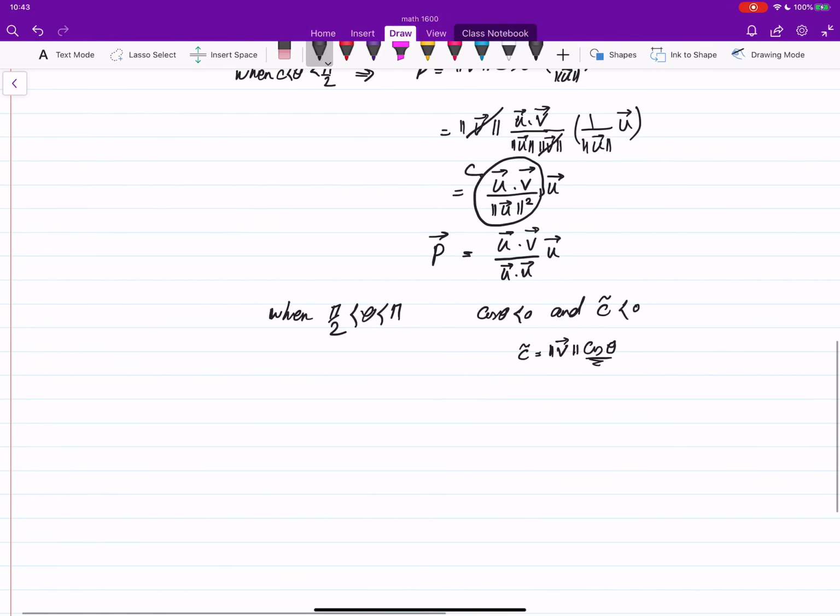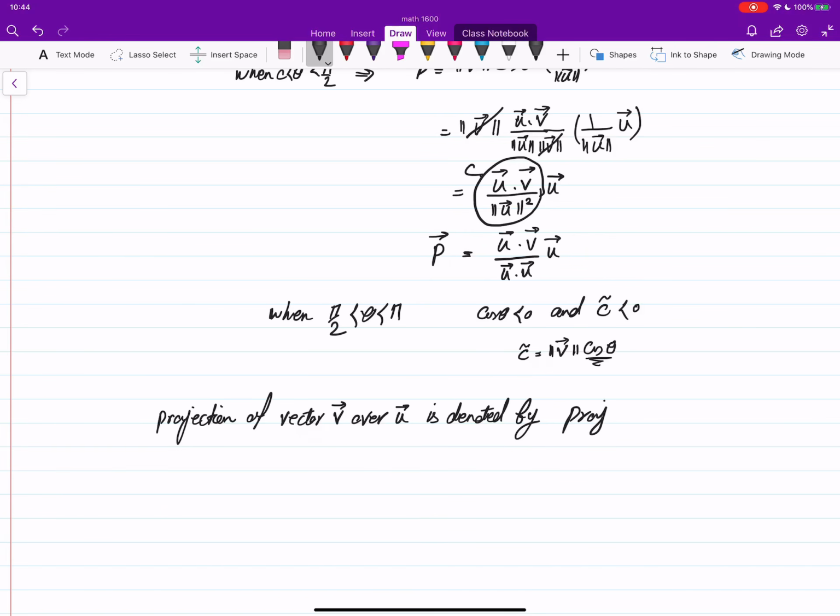Wrap up, here is the projection of vector V over U. So we need to choose a nice notation.